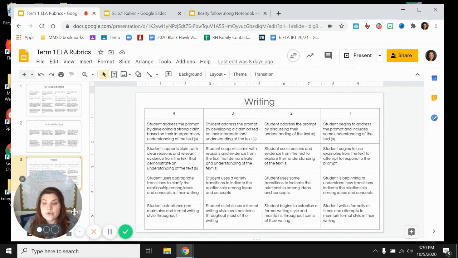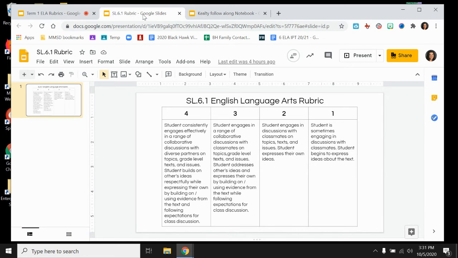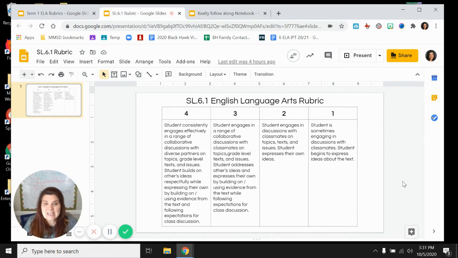One more thing I want to show you quick before I let you all go is this SL English Language Arts rubric. Basically this is a weekly participation grade that we are starting week 4 and 5 to talk with students about.